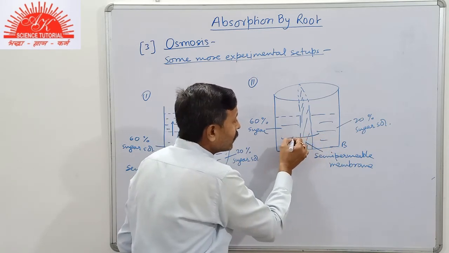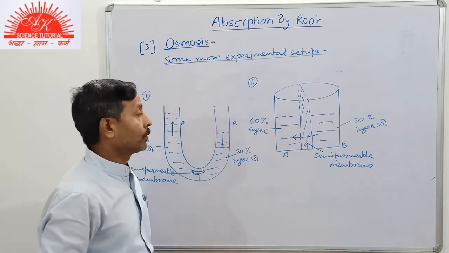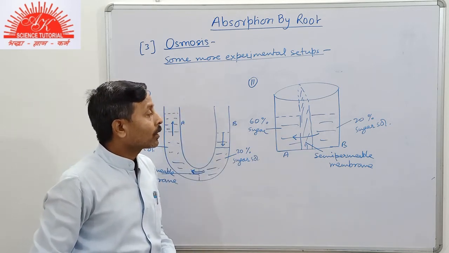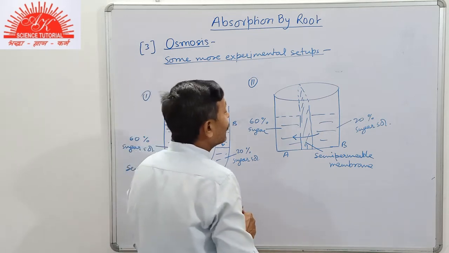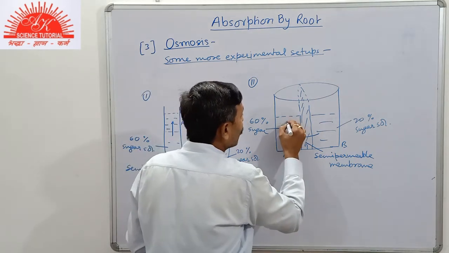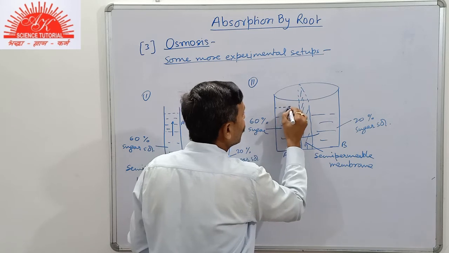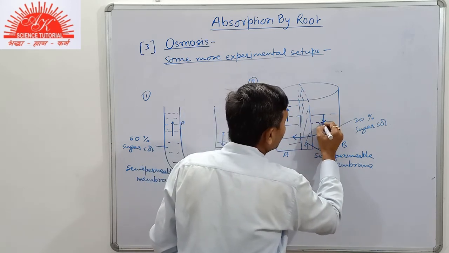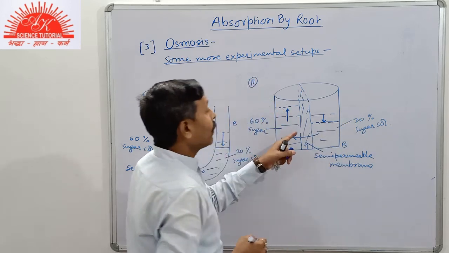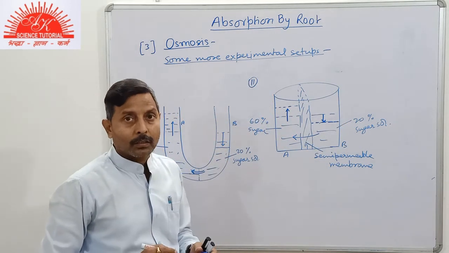So across this membrane water moves by the process of osmosis. As a result, we will observe that the level of solution will rise on side A and come down on side B due to the process of osmosis.